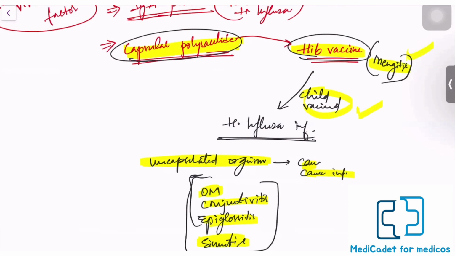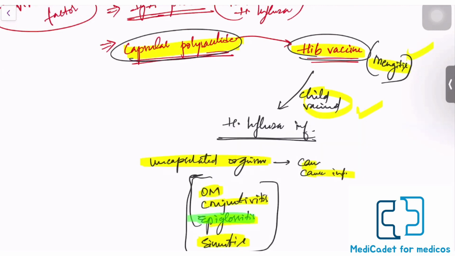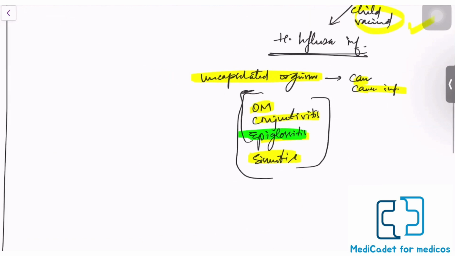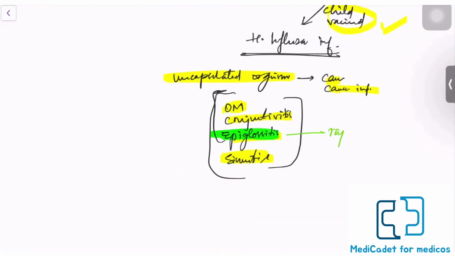Coming to the presentation, the commonest infection you're going to see in Haemophilus influenzae is epiglottitis. So how will epiglottitis present? They'll have rapid progressive inflammation of the epiglottis.